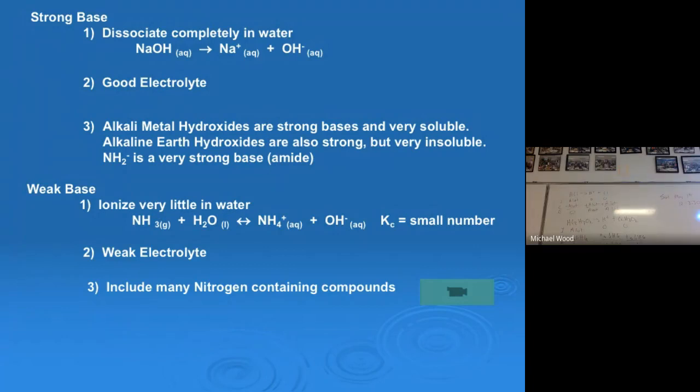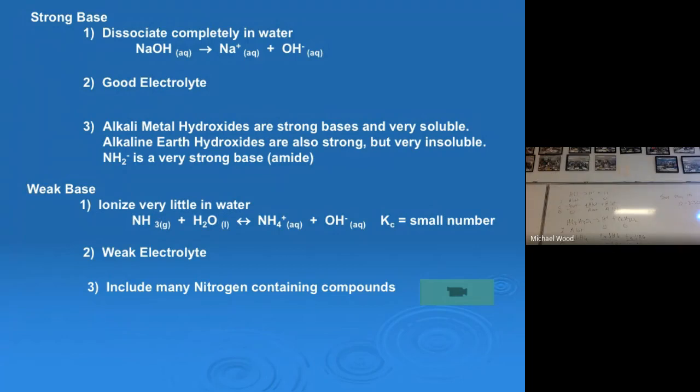The alkaline earth hydroxides are also strong. What I always tell students is the hydroxides of the elements below calcium: Ca(OH)2, Sr(OH)2, Ba(OH)2.